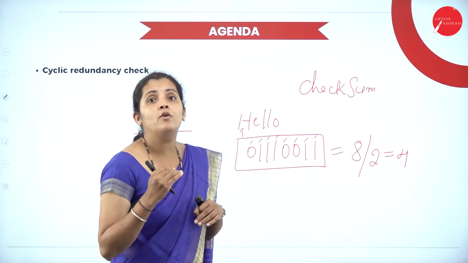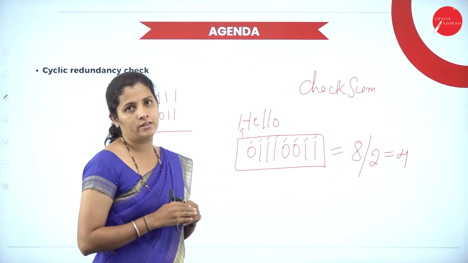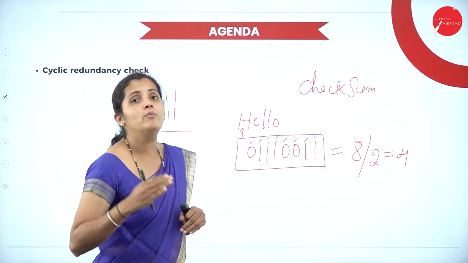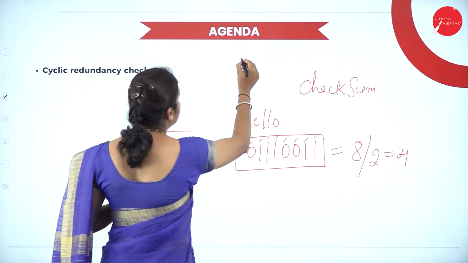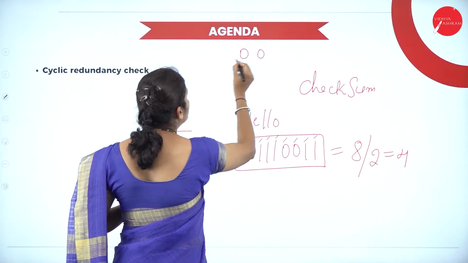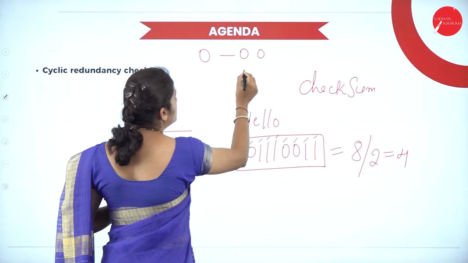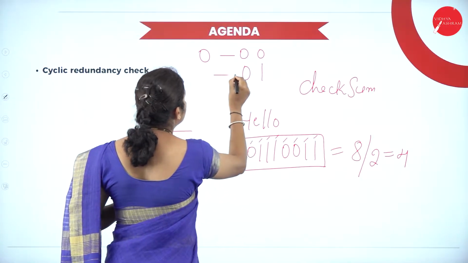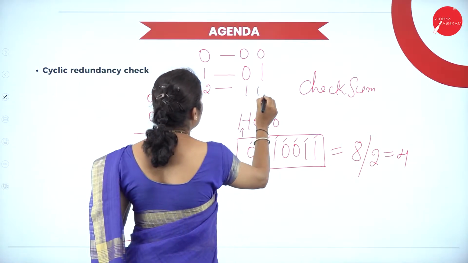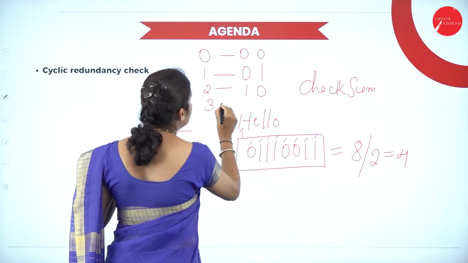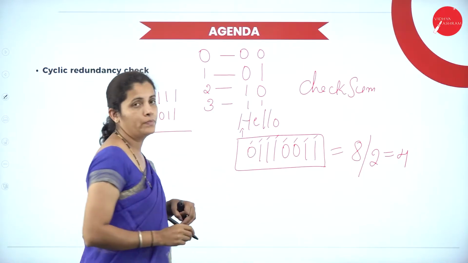Now I want to perform the addition operation, that is, binary addition. For that, just remember: 0 plus 0 is 0. 0 plus 1 is written as 1. Number 2 is 1, 0. And for 3, it is 1, 1.